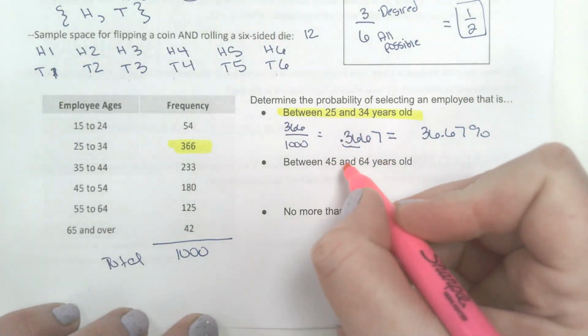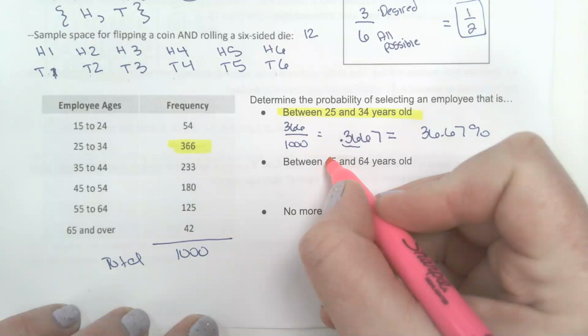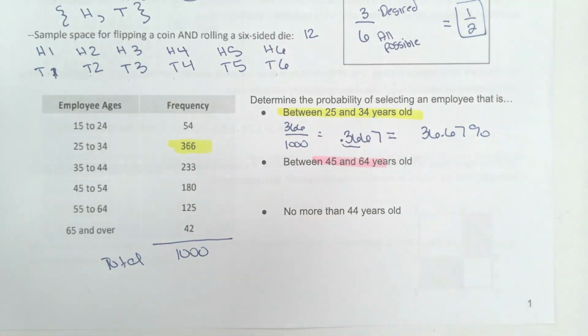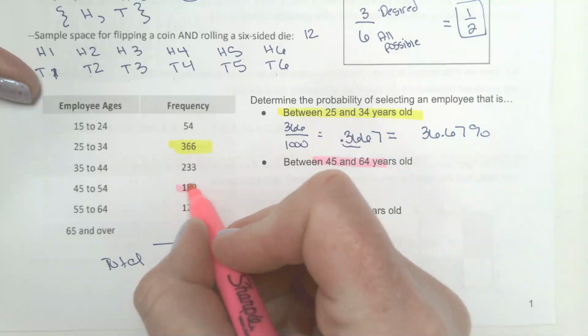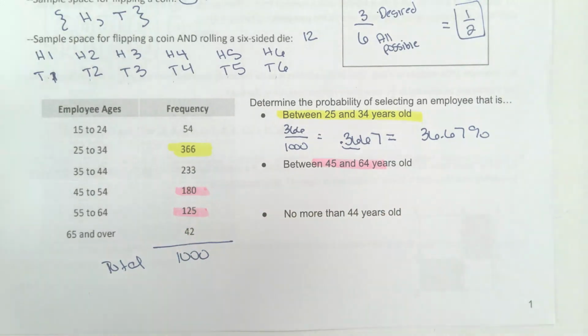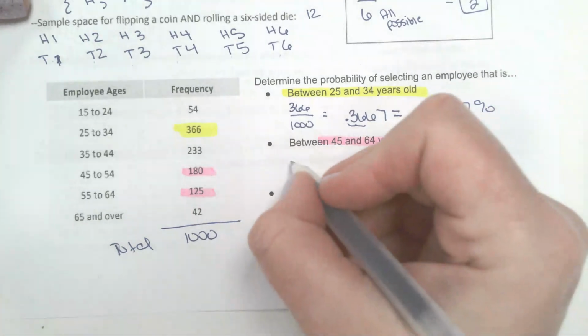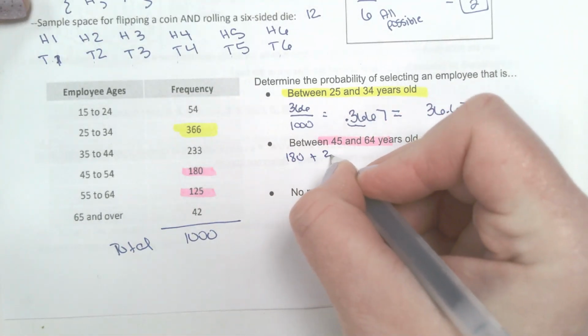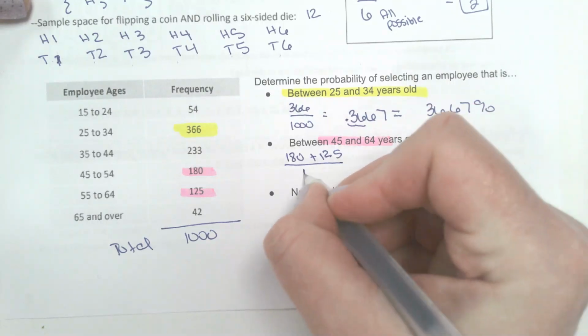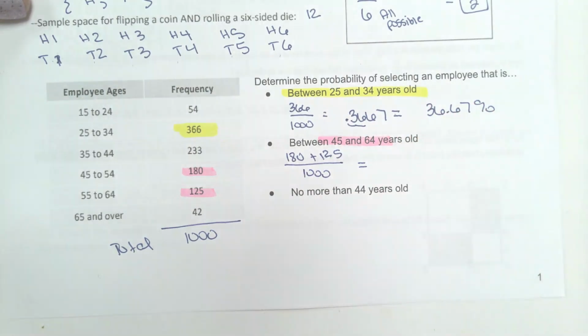Next one says, determine the probability that you find someone between 45 and 64. So now I'm hitting 2 different groups. So what do you think I'm about ready to do with these 2 numbers? Yep. So 180 plus 125 divided by 1,000.